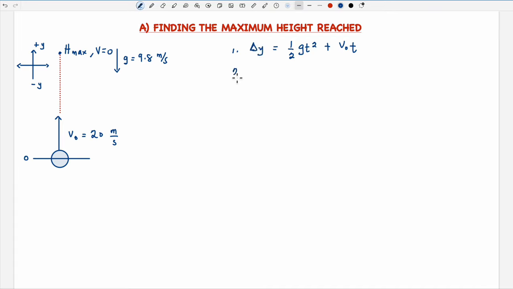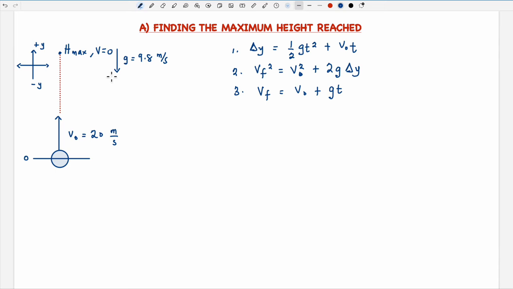The second equation is v final squared equals v initial squared, so v0 squared, plus 2g delta y. And finally, we have v final equals v initial plus g t, where g is just the acceleration of free fall.